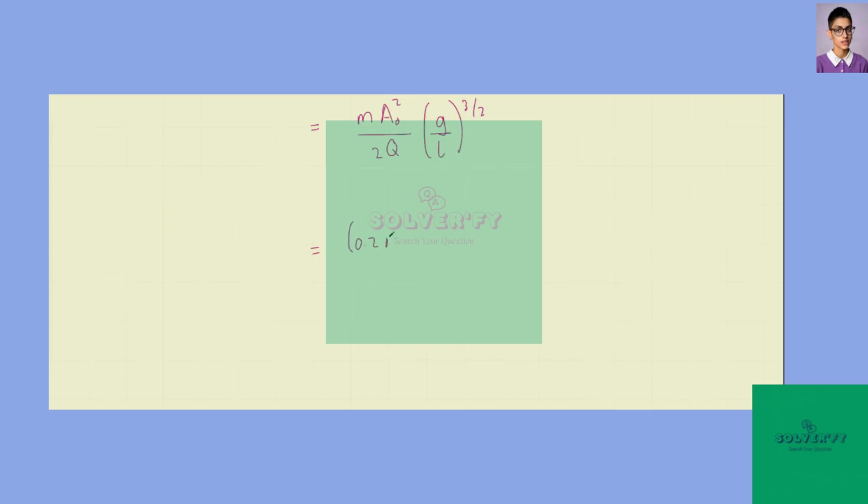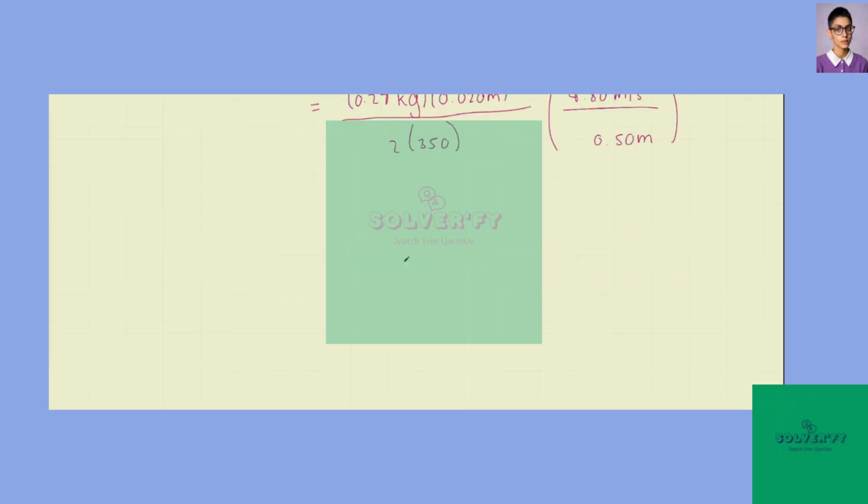That's the mass of the bob, 0.27 kg, times the amplitude, 0.02 meters squared, divided by 2 times Q, which is 2 times 350, times the acceleration due to gravity g, which is 9.8 meters per square second, divided by the length of the pendulum, 0.5 meters, all to the power of 3 over 2.